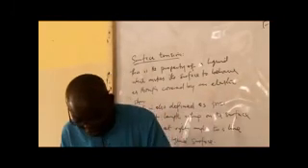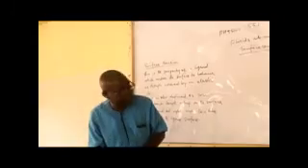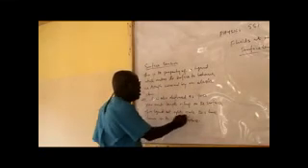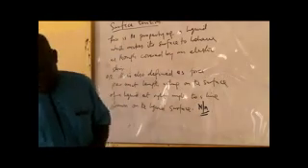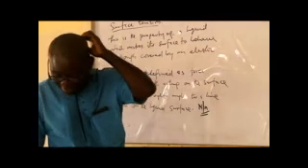Then the next thing I want to discuss is the unit. From this, the unit is Newton per meter. They will ask you, which of the following is the SI unit of surface tension? That is defined as Newton per meter.